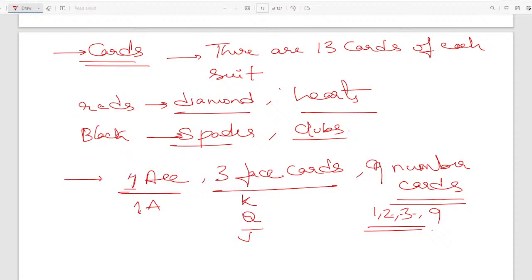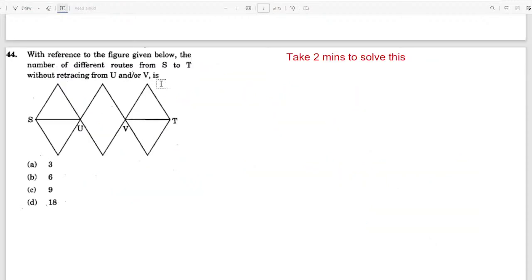Okay. So we'll move to the questions then. We'll start with the PYQs. Please take 2 minutes to solve this question.